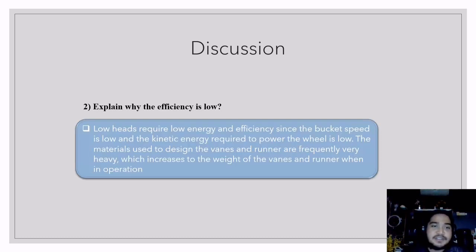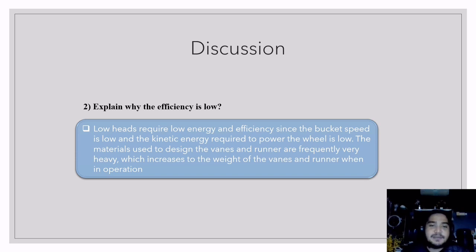The second question is to explain why the efficiency is low. Low head requires low energy, and efficiency is low since the bucket speed is low and the kinetic energy delivered to the Pelton wheel is low. It is closely related to the design of the Pelton wheel.